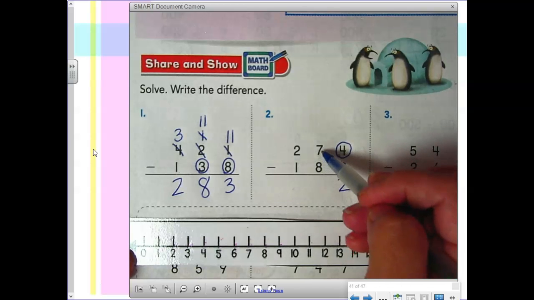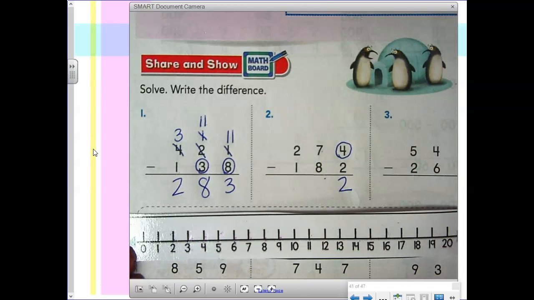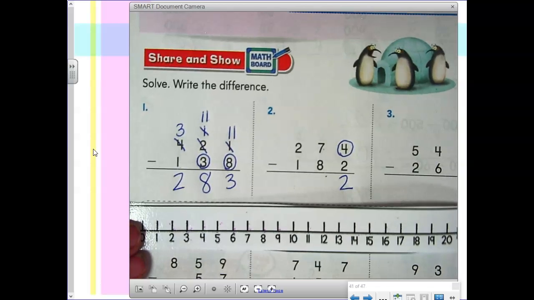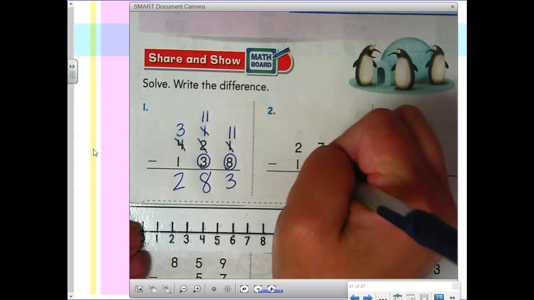In the tens place, 7 minus 8. Where's your big number? It's on the bottom.